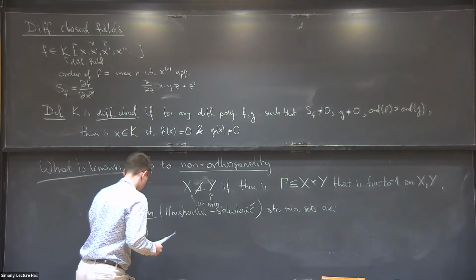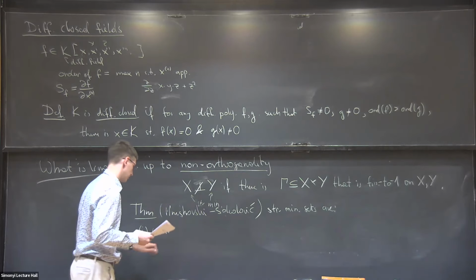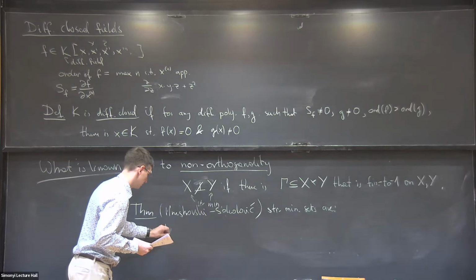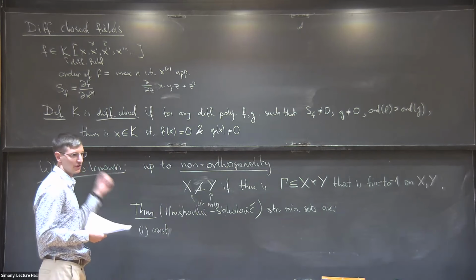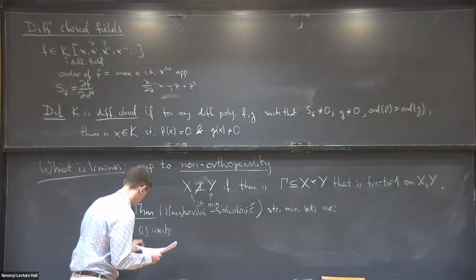We either have constants. So for example, if we have a strongly minimal set that is internal to the constants, this is where it will run.